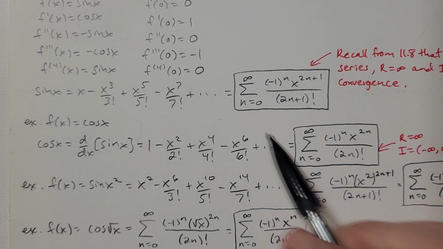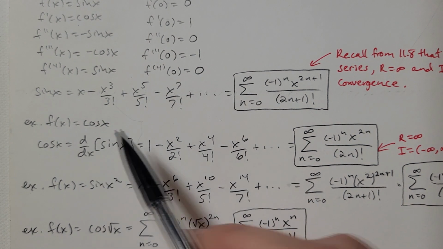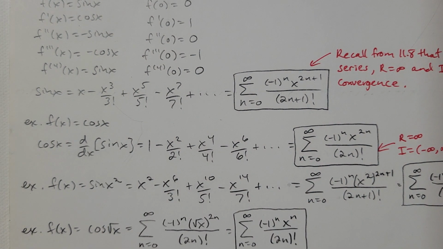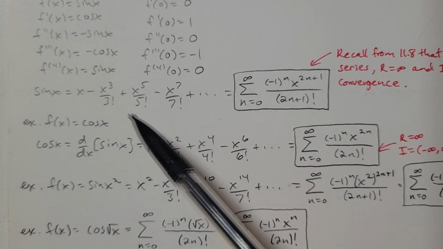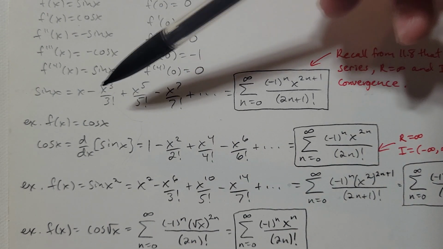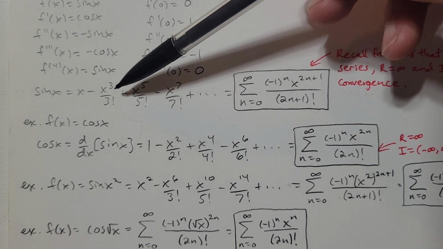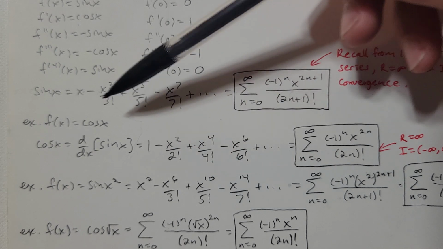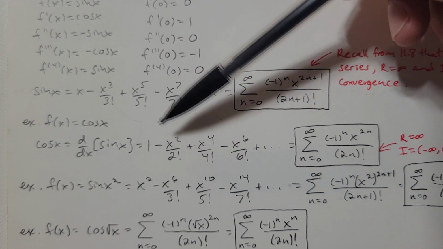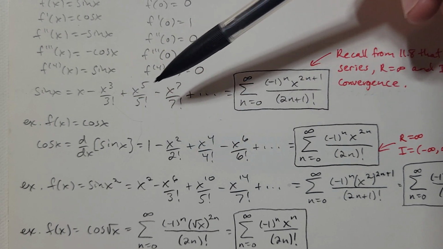Now, from this, what if I find another power series for cosine of x? Well, cosine of x is the derivative of sine x, so I just need to take the derivative of each one of these infinitely many terms. The derivative of x is 1, and then minus, using the power rule, 3 divided by 3 factorial, the 3's cancel, so it'll be 2 factorial in the denominator, x squared up top.